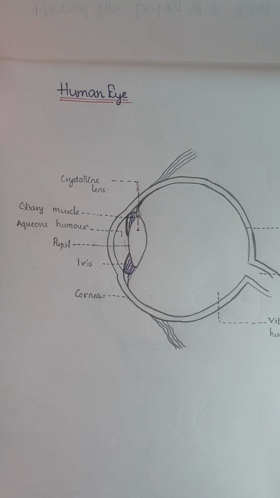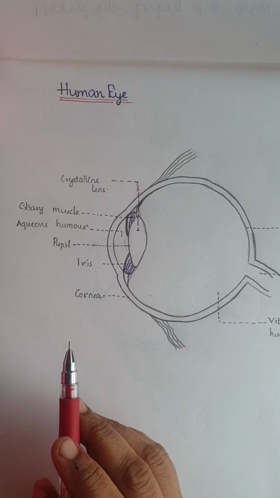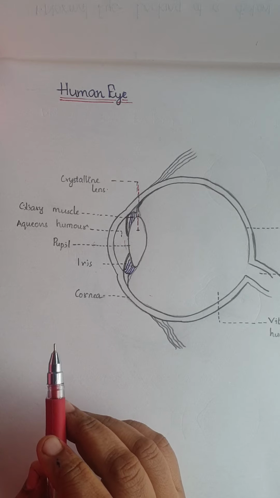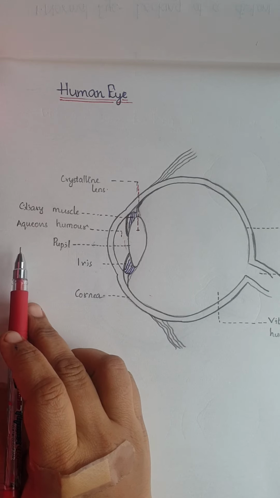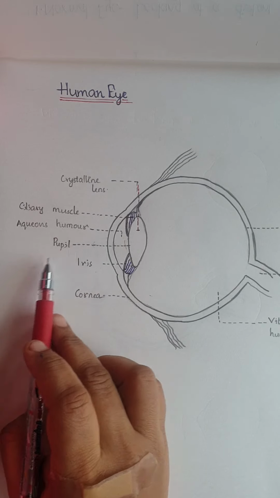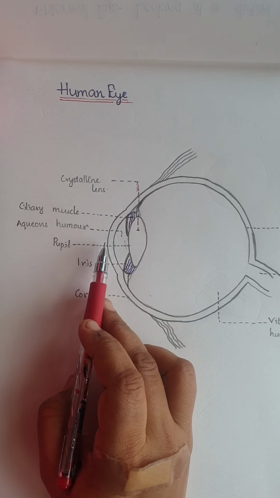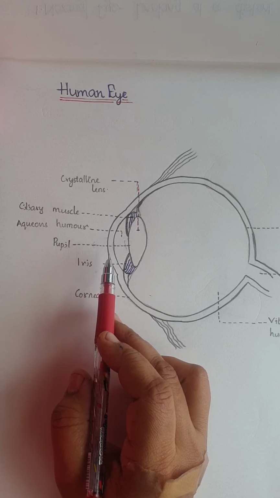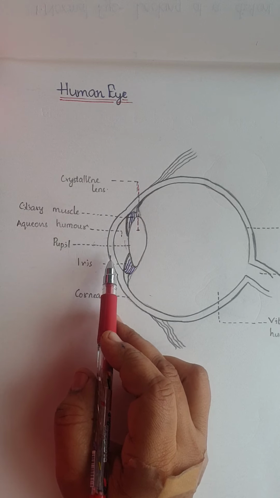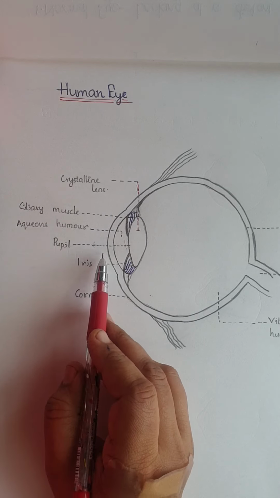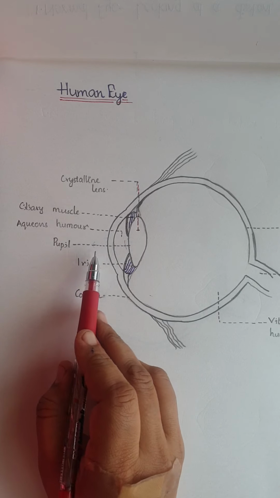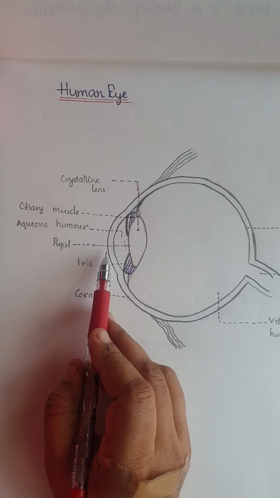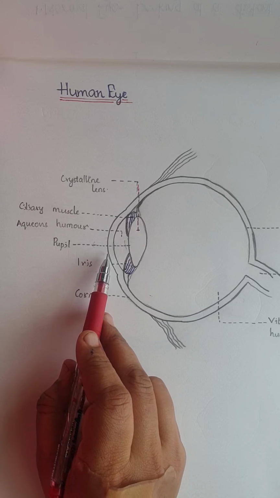When light enters the eye, refraction of light rays takes place. When light rays come in contact with the topmost layer, that is the cornea, refraction of light rays occurs.